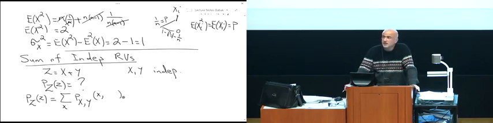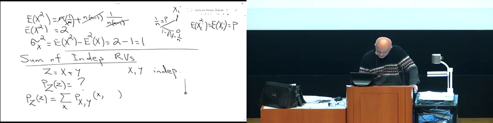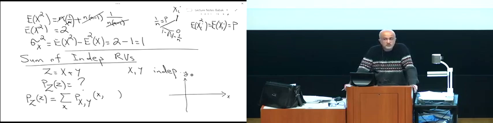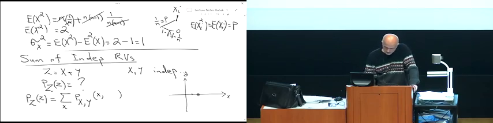I'm adding up all the possible points in the two-dimensional xy plane where x plus y is equal to z. Here's my two-dimensional plane. Here's x. Here's y. Can you show me how to draw the line x plus y equals, say, 2? What would that line look like? I want the sum of these two random variables to be 2.